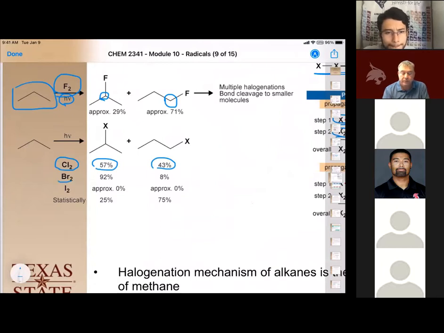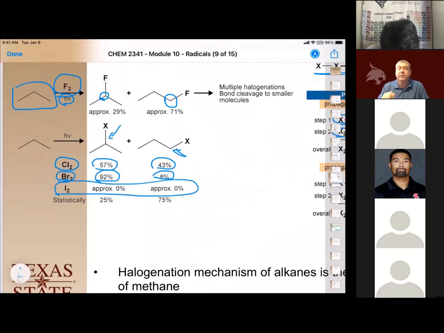Bromine was a little bit lower, similar to that of fluorine, and we got 92% of the more substituted product and only 8% of the primary product. And iodine gets almost nothing, and it has a lower bond dissociation energy than fluorine. So what's happening here?